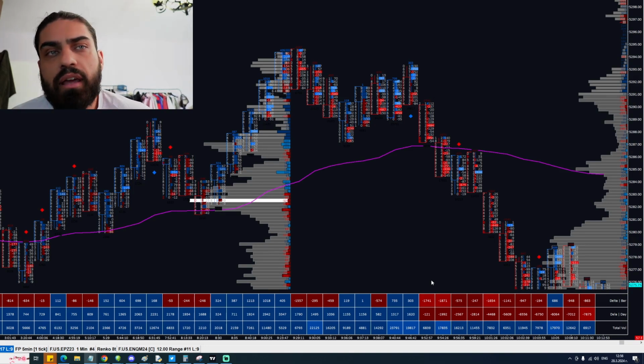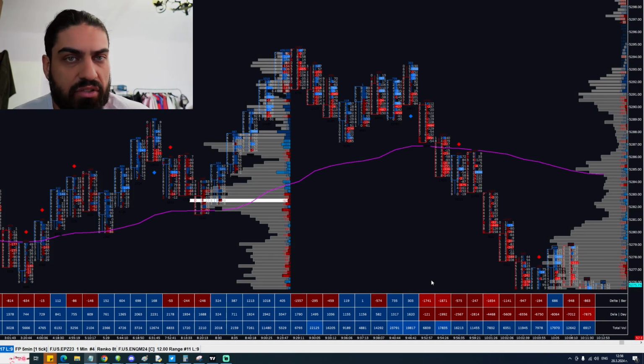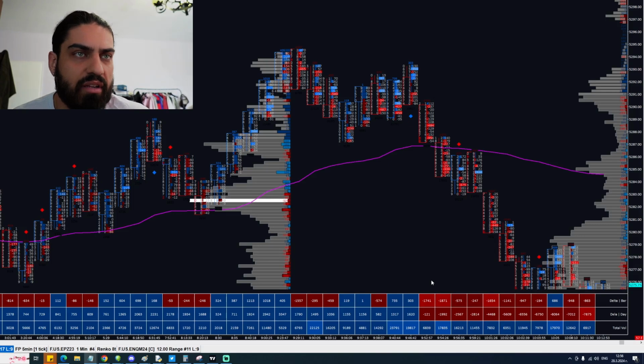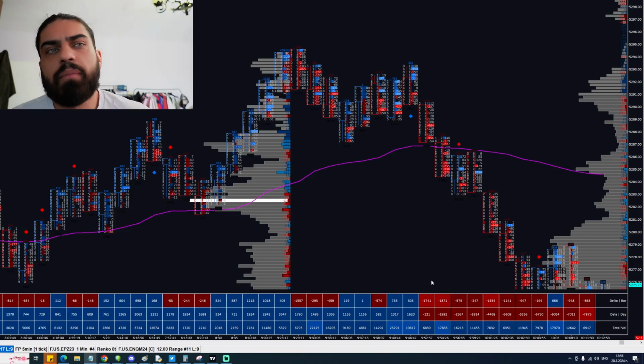On the other hand, let's say there's 3,000 sellers but only 1,000 buyers, so you get negative 2,000 delta. When we look at the S&P and break that product down, generally speaking, 800 to 1,000 is the minimum barrier for large imbalance traders, we can call it.